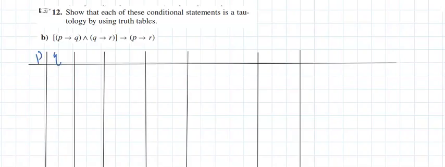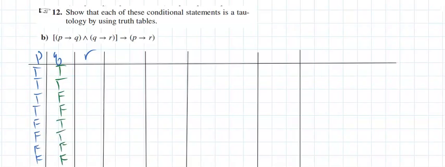Well, we have P, Q, we have R. Now, I start with P implies Q. If then, remember, P implies Q. The if part is true, so I'm looking at those two.